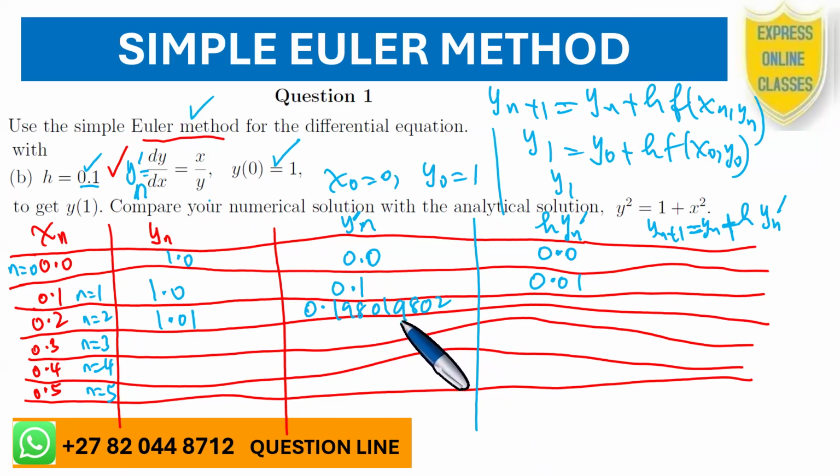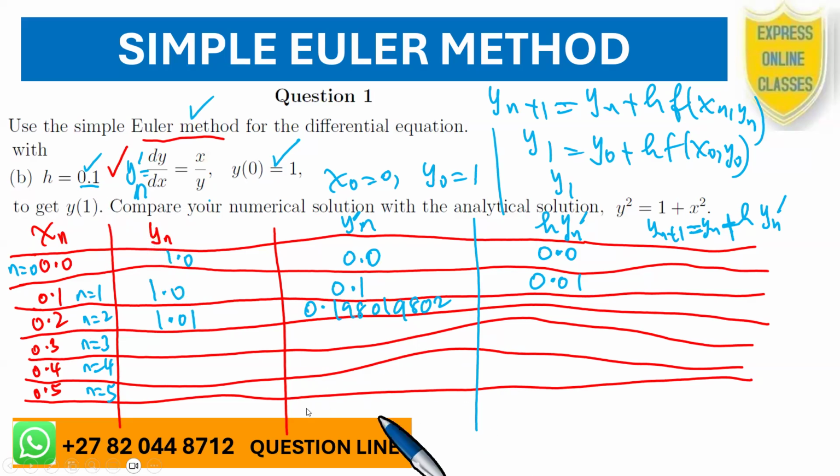So we continue. Now we multiply h by this one.